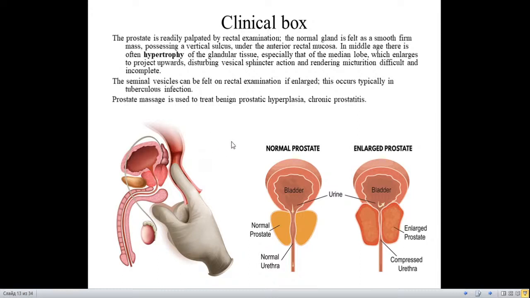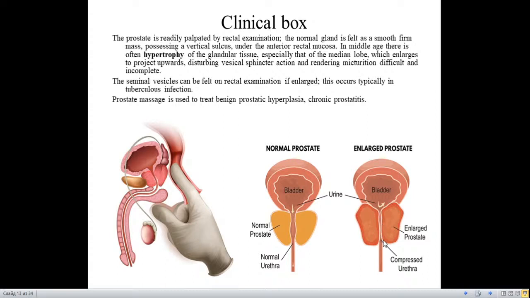And also a very common problem with the prostate gland in elderly men is an enlarged prostate gland. Why is it very important to know this? I said that the male urethra passes through the prostate gland. And when the prostate gland enlarges, it blocks the passage of urine, compressing the urethra.